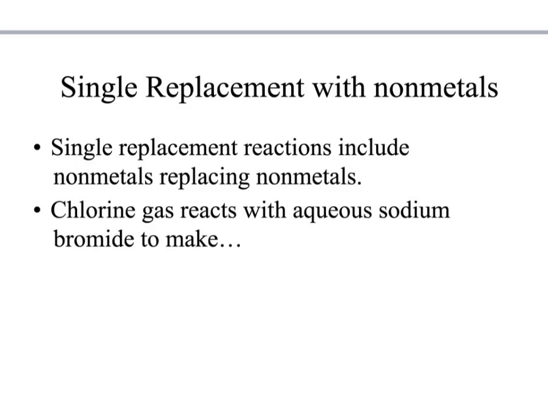All right, now let's look at one more example where we have nonmetals. A single replacement reaction can include nonmetals replacing nonmetals. I have here my chlorine gas, Cl2, which is a diatomic, with sodium bromide.